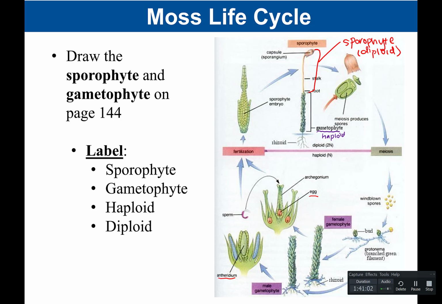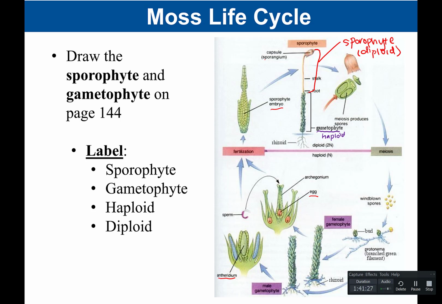And so within this archegonium, we're going to start to get this sporophyte embryo, because when the haploid and haploid come together in fertilization, we get back to having the sporophyte. And so from this gametophyte, you're going to get this stalk and capsule forming. And again, the life cycle is going to continue.